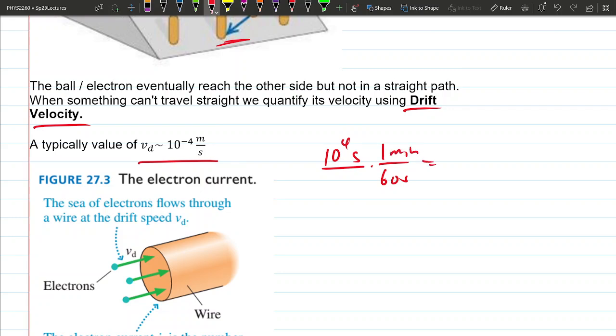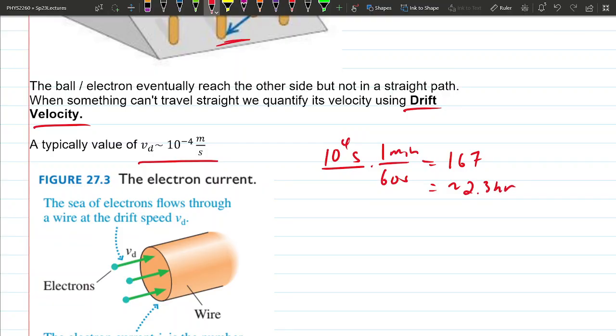Anyone have an estimate? A lot, right? 10,000 divided by 60 is 167 minutes, or about 2.3 hours.